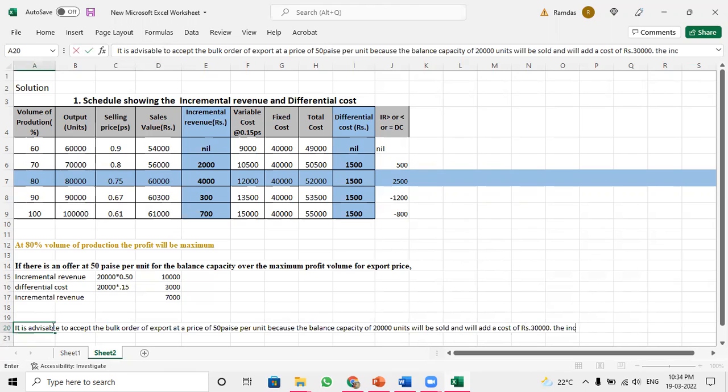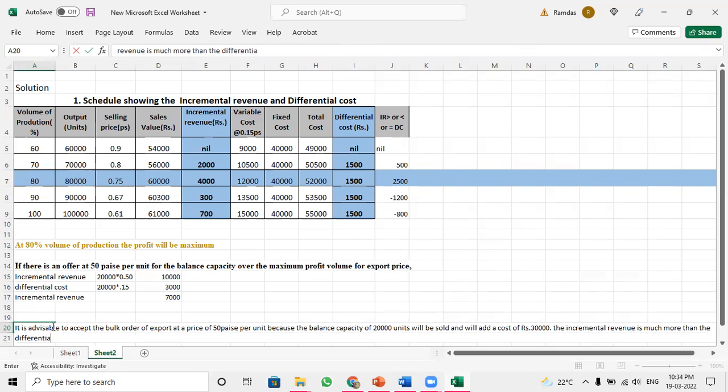The incremental revenue is much more than the differential cost. Hence, it is increasing profit by rupees 7,000.